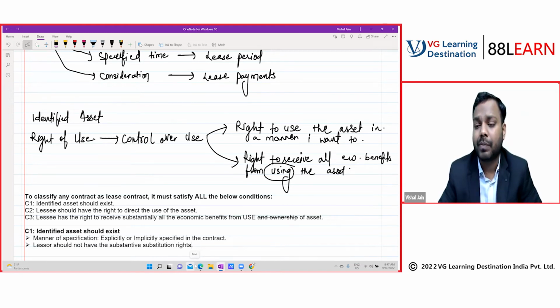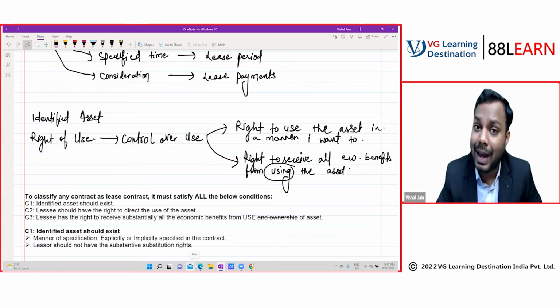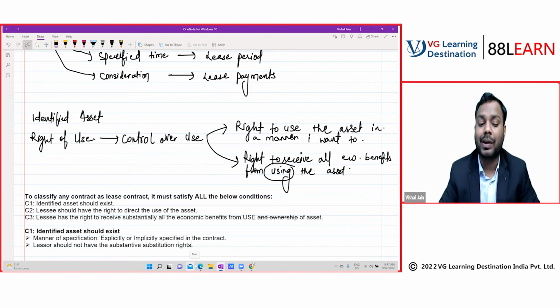No, I don't. So the lessor should not have substitution rights. If the lessor has it, there is no identified asset. If the lessor doesn't have it, then we can say an identified asset exists.